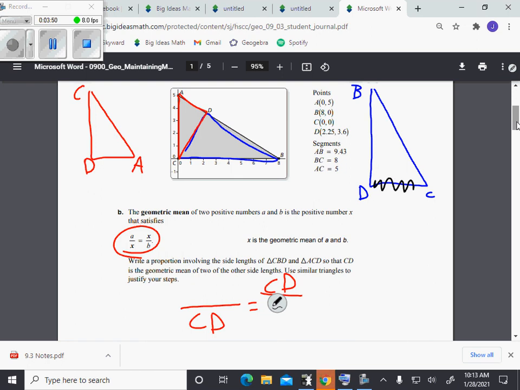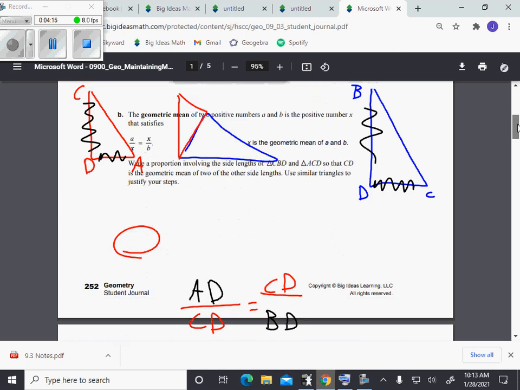So what correlates with that? In our first triangle, it's AD. So AD over CD equals CD over BD. We wrote a proportion where CD is the geometric mean.